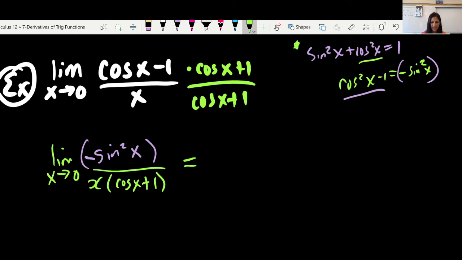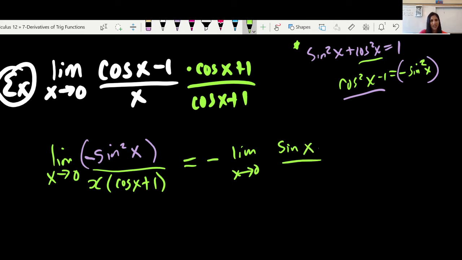Okay, so now that we see that, I want to start to clean things up a little bit. So I'm going to move the negative out front. So I'm going to say negative and then the limit as x approaches 0. And at the top, I'm going to have sine squared x, and then at the bottom we had, actually, let's do this.